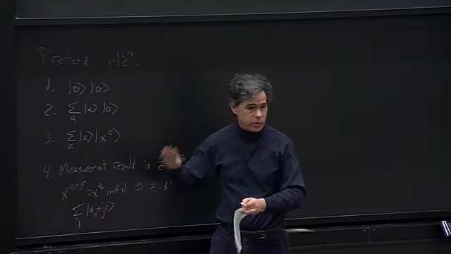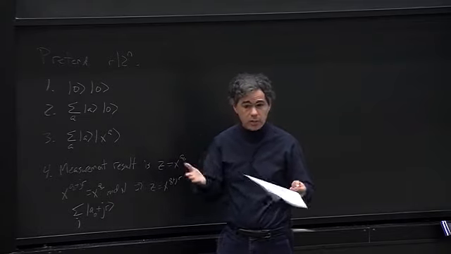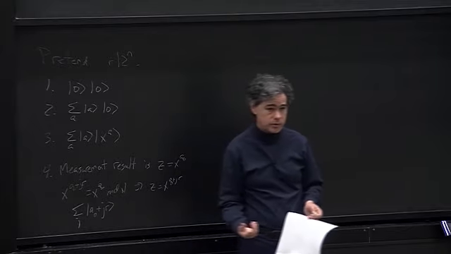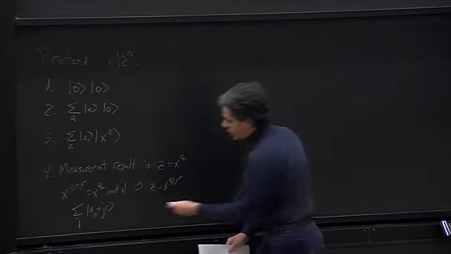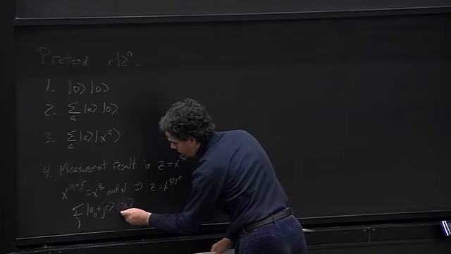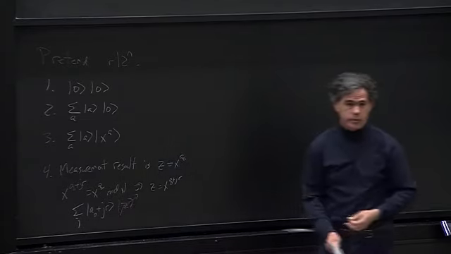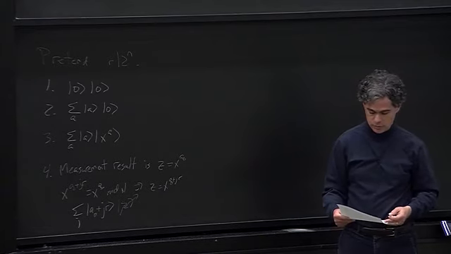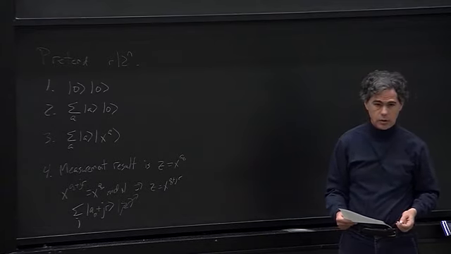The other ones have disappeared. The state is collapsed, but it's not a complete collapse. There's still a superposition left. OK, and then I guess I can put z here, but now I'm going to kind of ignore this. OK, so everyone got that?